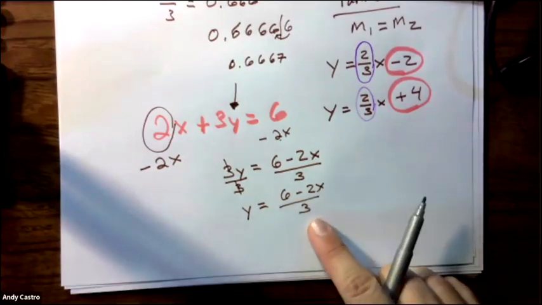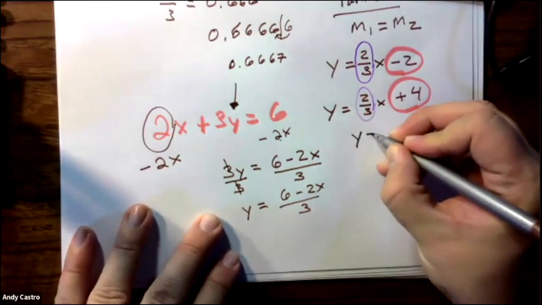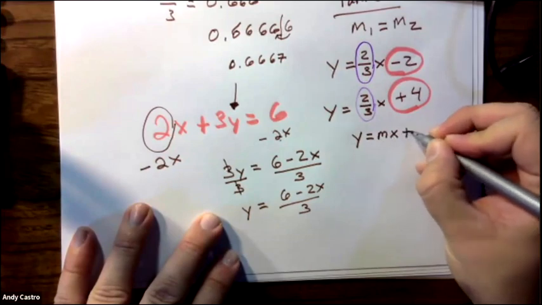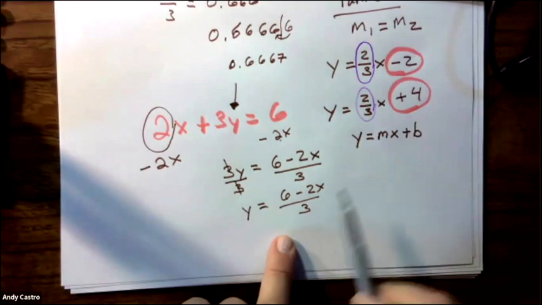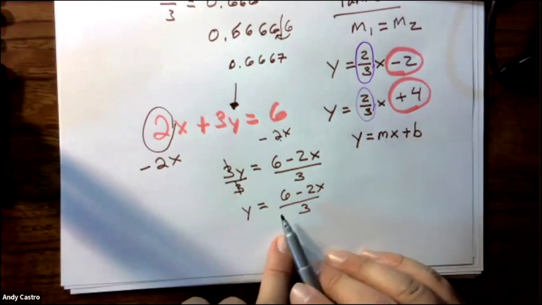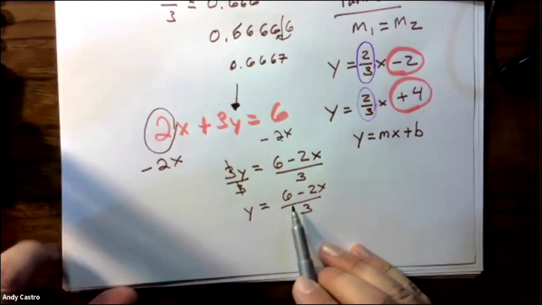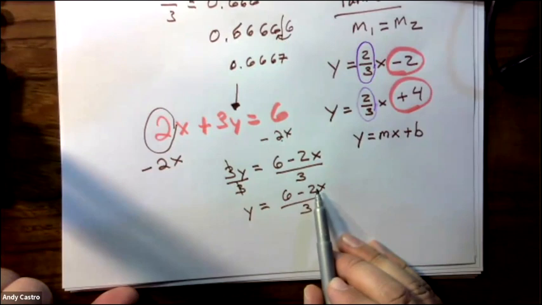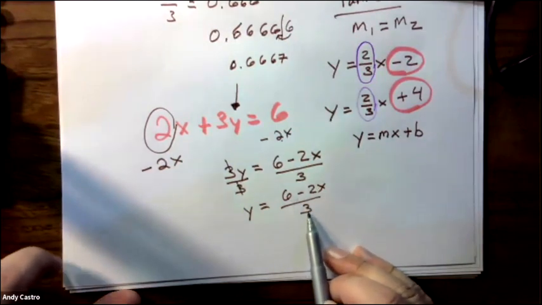Now what you'll notice is that doesn't look like slope-intercept form. Slope-intercept form is supposed to look like this. Y is equal to mx plus b. So I have to do some rearranging. So remember that when I have a couple of terms here in the numerator and I have a denominator, that means that they had a common denominator.